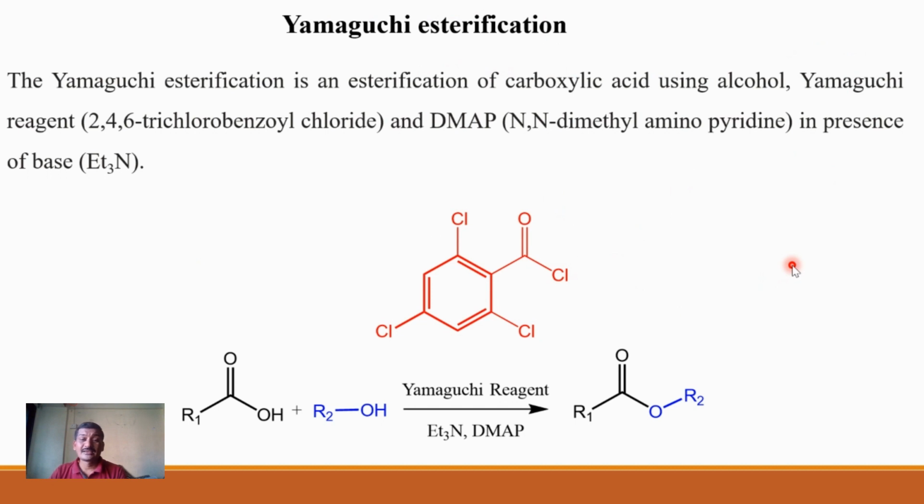Now, what is the Yamaguchi esterification reaction? What is the difference between Mukaiyama esterification and Yamaguchi esterification? The reaction is the same esterification; the only difference is the reaction conditions. In Yamaguchi esterification, carboxylic acids react with alcohol in the presence of Yamaguchi reagent, base and DMAP.